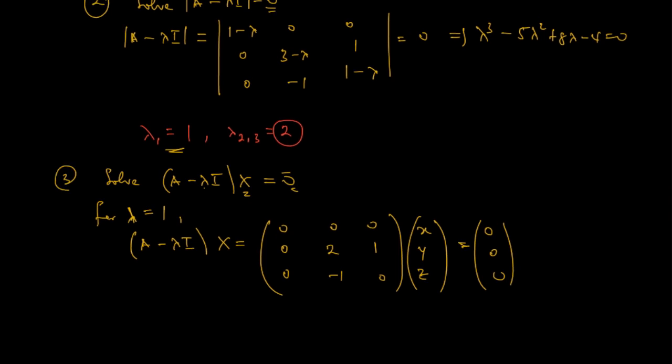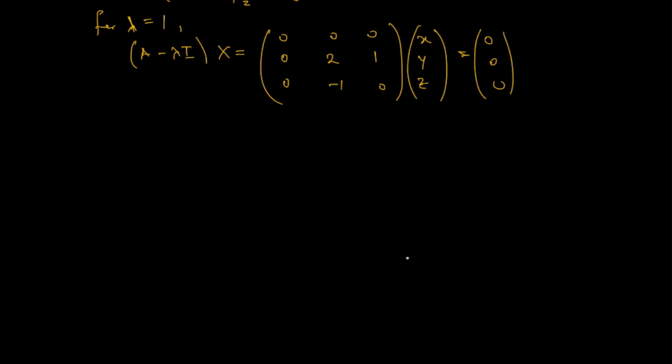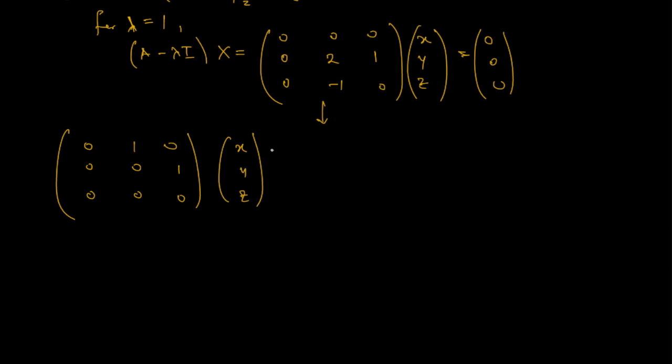So what we want to do is to solve this linear system. So we want to row reduce this. When we row reduce that, what we obtain is 0, 1, 0, then 0, 0, 1, then 0, 0, 0, times x, y, z equals 0, 0, 0.